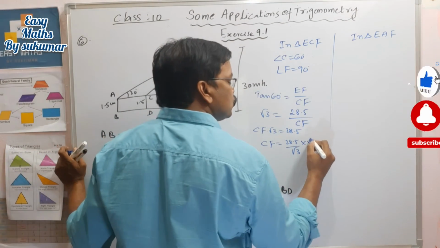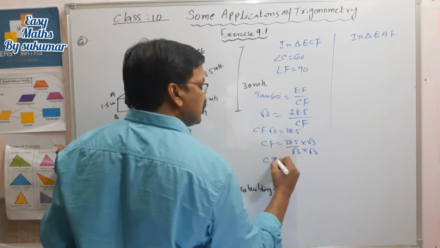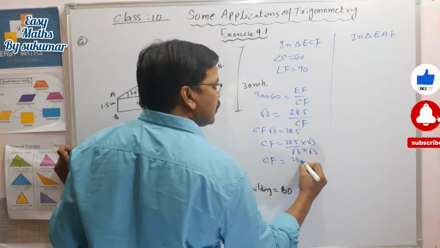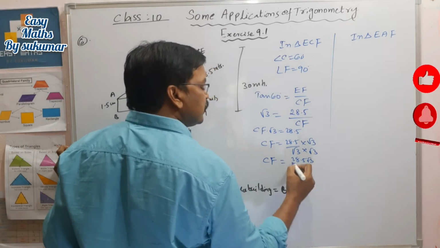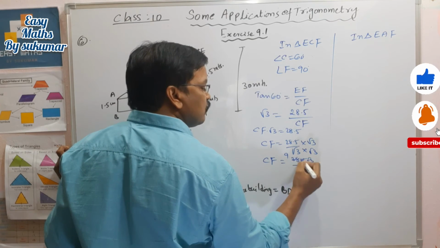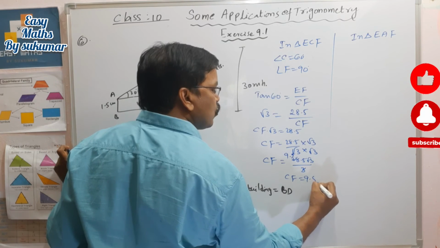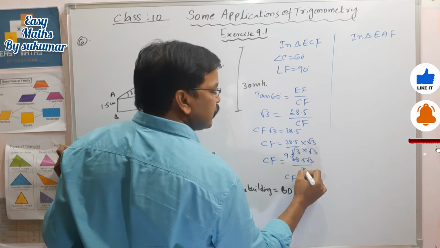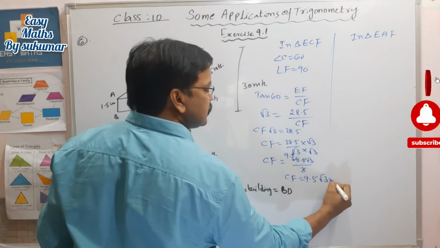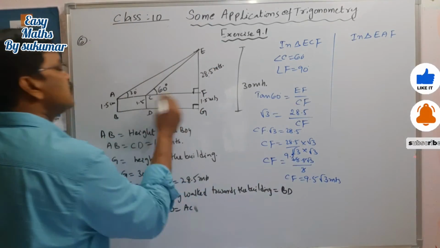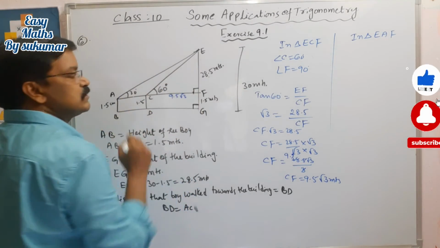Rationalizing here, CF is equal to 28.5√3 by 3. 3 in 28.5 is 9.5 times. So CF is 9.5√3 meters.